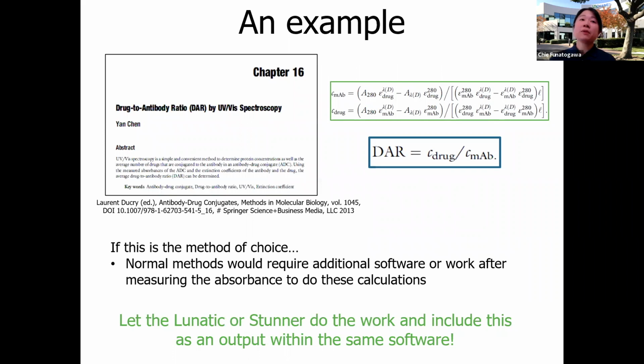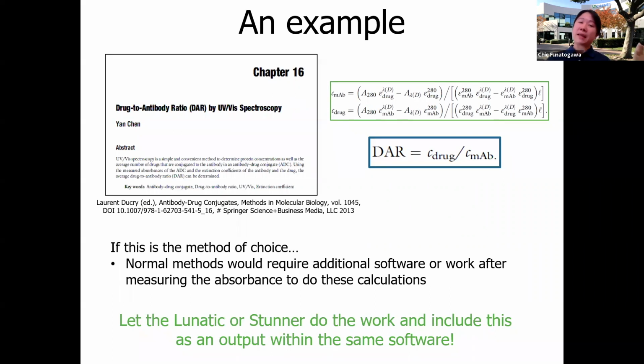This is just an example of something that you could do that with. So this is essentially a chapter from a book, and you can see that it's suggesting a specific way to calculate the concentration of antibodies and drugs by subtracting out any contribution from the other species.